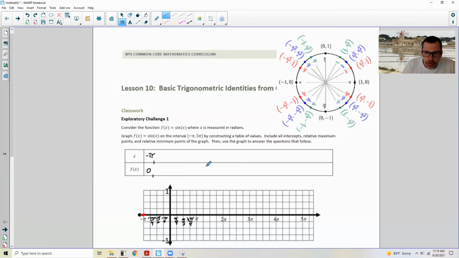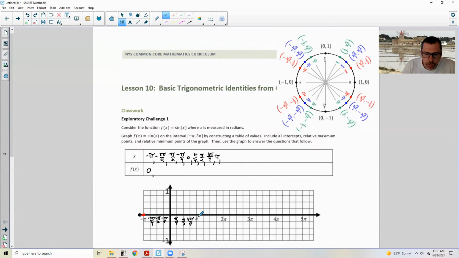The next thing I'm going to do is negative 3 pi over 4. I'm just going to write these out first. Negative pi over 2, negative pi over 4, 0, pi over 4, pi over 2, 3 pi over 4, pi.